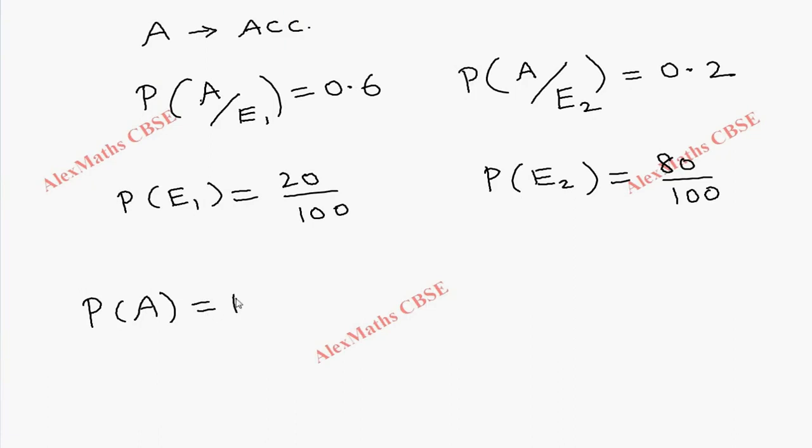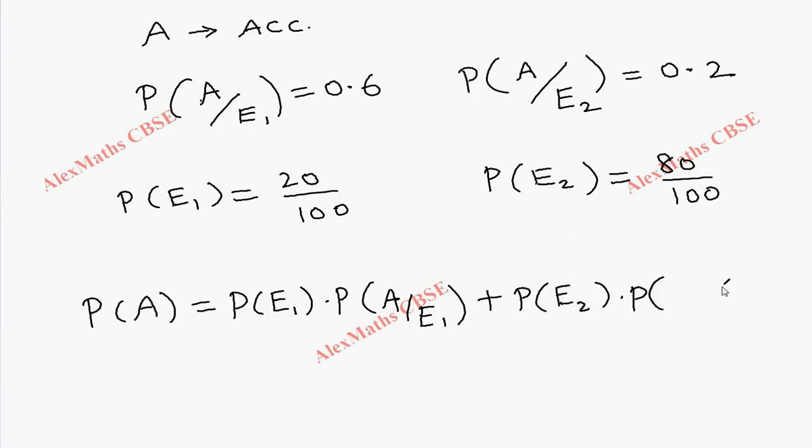So the probability of accident is nothing but the person who is prone to accident and is meeting with an accident, or the person who is not prone to accident but is meeting with an accident. So these are the two possibilities where the accident can happen.